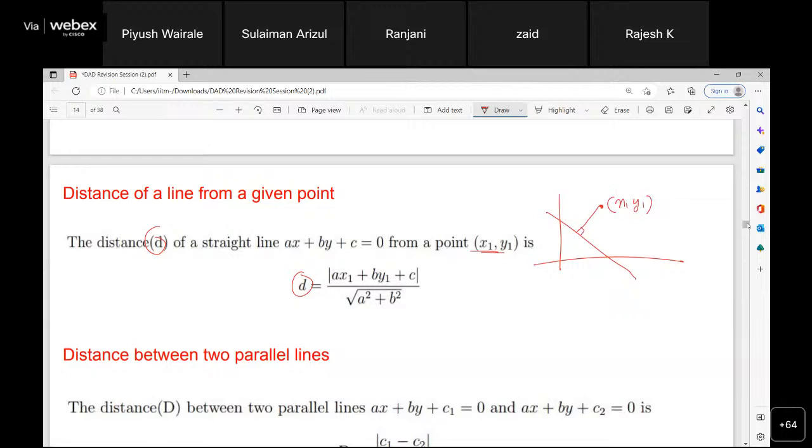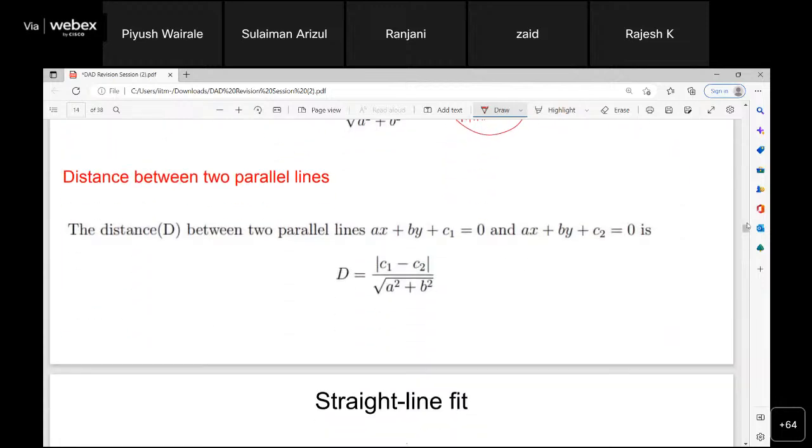So it is given by, just replace the x and y with these coordinates, that is a into x1 plus b into y1 plus c, under root of the coefficients of the variables, a square plus b square. So it will give us the distance between the point and the line. Sometimes we also refer to it as the minimum distance, right? So if the question asks for minimum distance, we can use this formula, right? And what is the distance between two parallel lines?